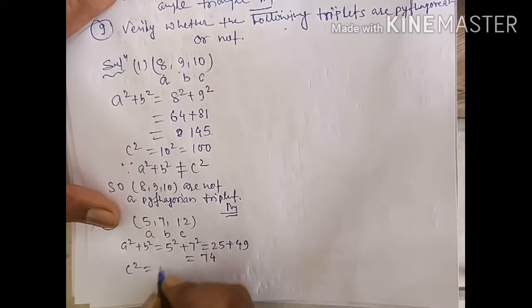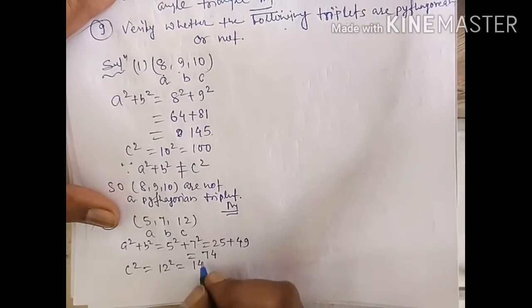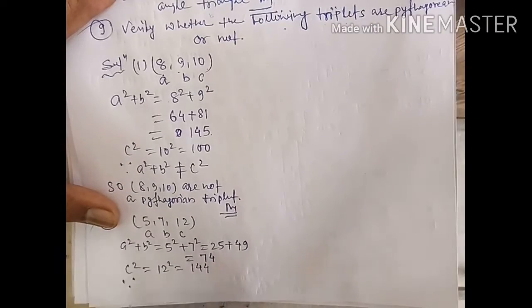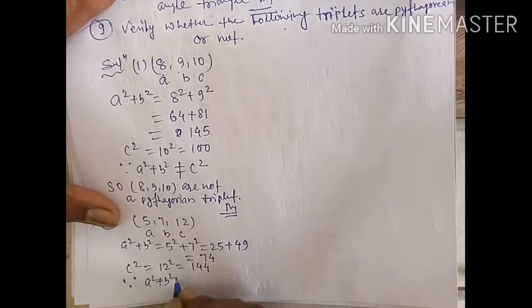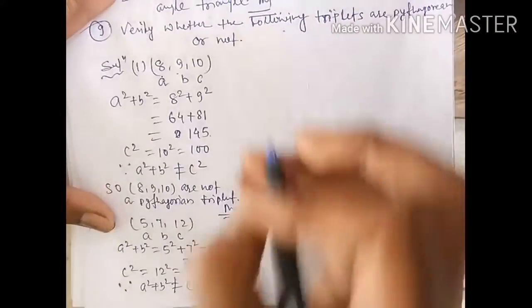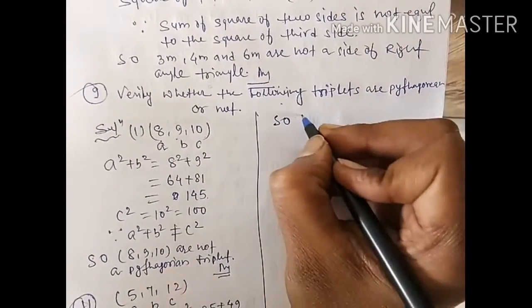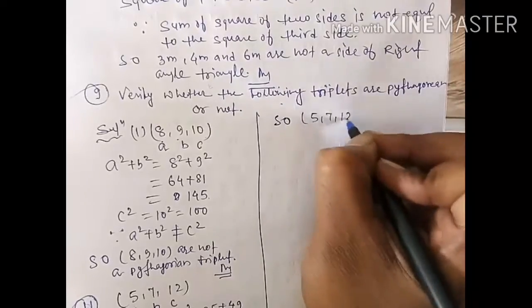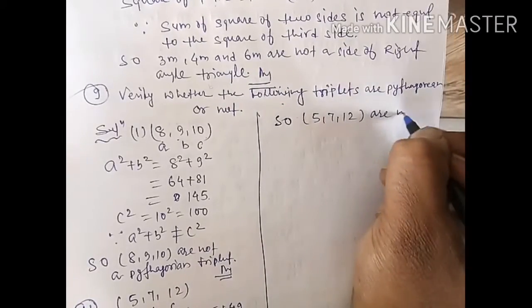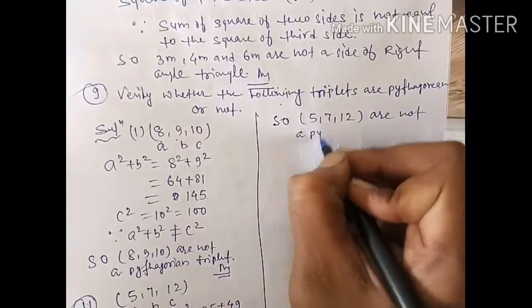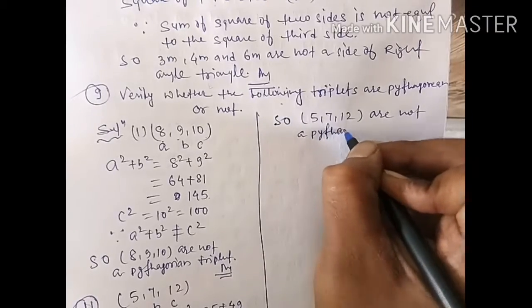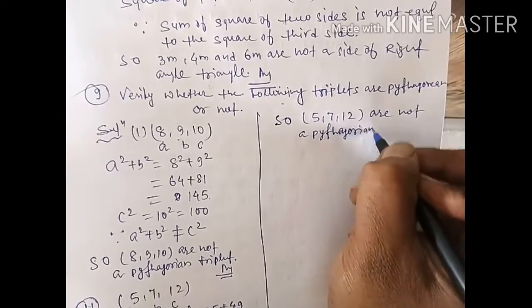And C square, that is 12 square, is 144. Since A square plus B square is not equal to C square, so 5, 7, 12 are not a Pythagorean triplet.